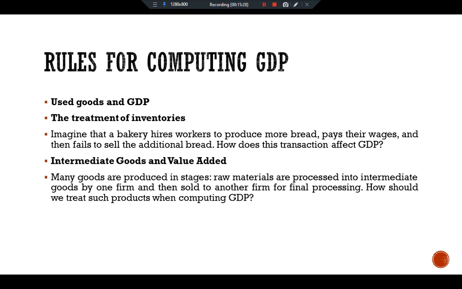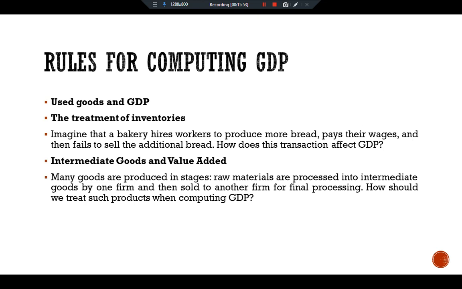So does GDP include both the meat and the hamburger? That is the main question. The answer is that GDP includes only the value of final products. The hamburger price already includes the price of the meat. So GDP increases by $1.50, not by $2.